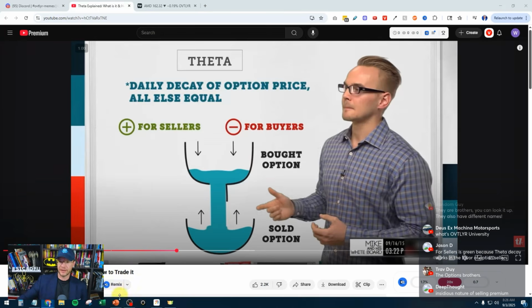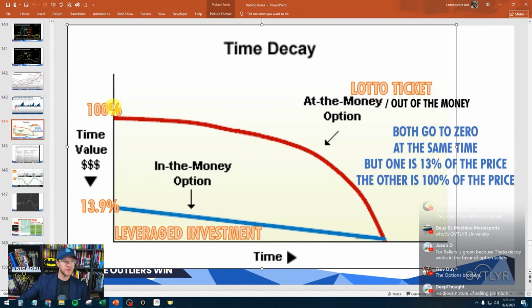Why? Now, let's say that you sold this option, and you're going to get paid every day. Imagine this is how much you're getting paid from 0 to 100. Sure, that sounds great. The issue is that there's no other possible thing you can do other than hold on to this option day after day after day, waiting for that time decay to come into your account.